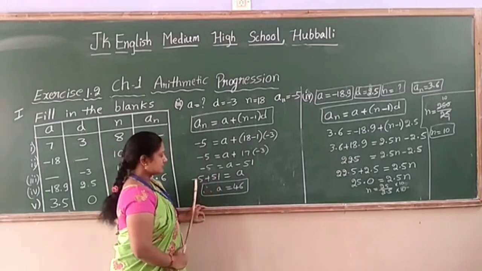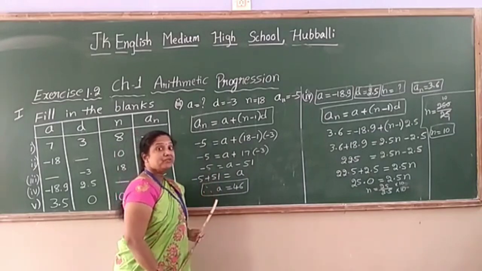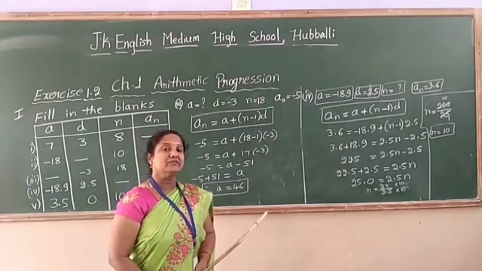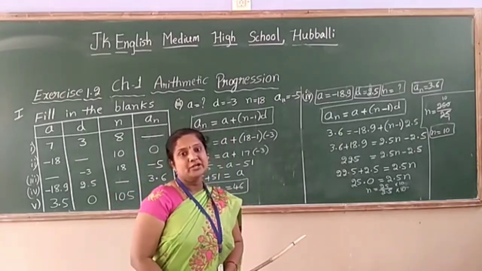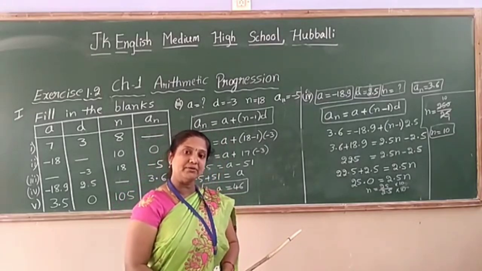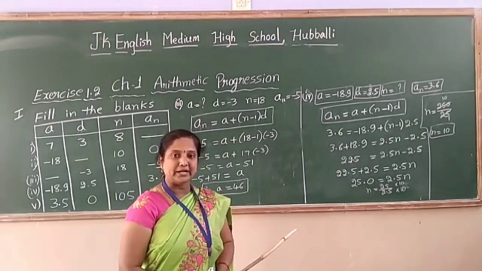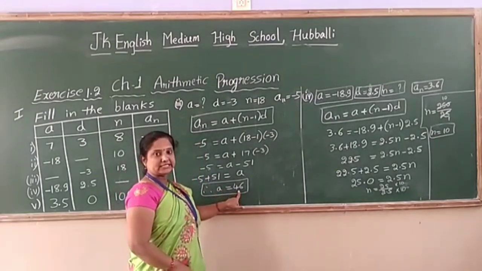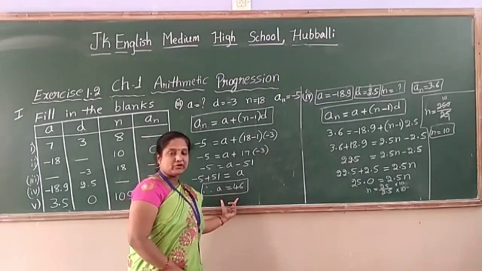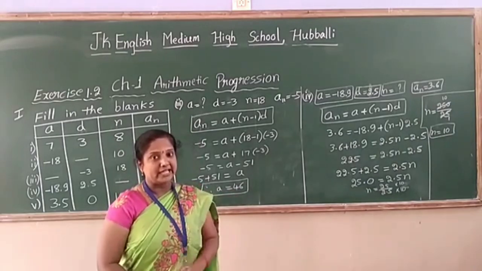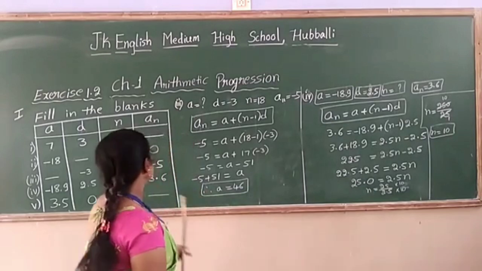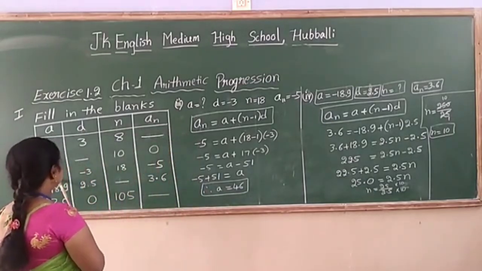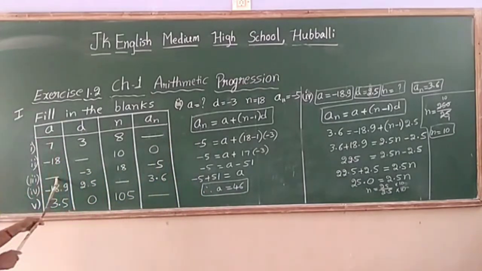In this, 5 is minus sign and 51 is plus sign. When one number is having minus sign and one number is having plus sign, you have to subtract smaller number from bigger number, and you have to write bigger number sign. So 51 minus 5 is 46. So they told for us to find out the value of A. We got the value of A as 46. That is right here in this blank. That is A value as 46.